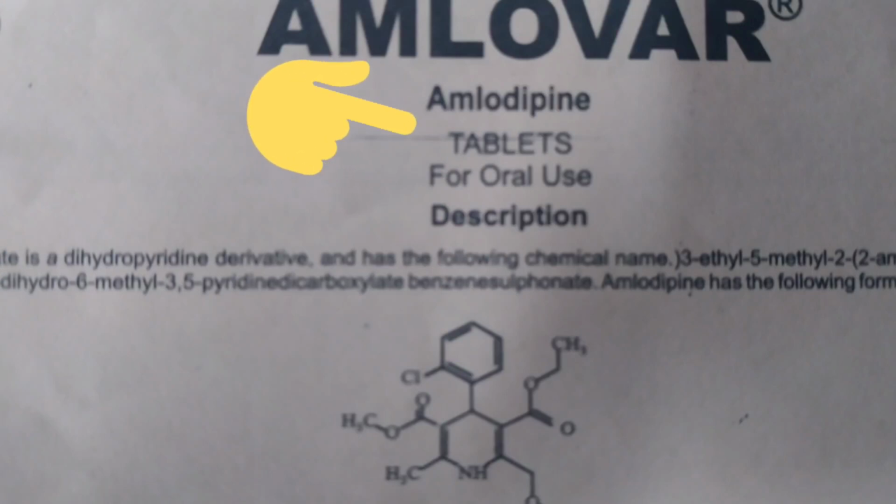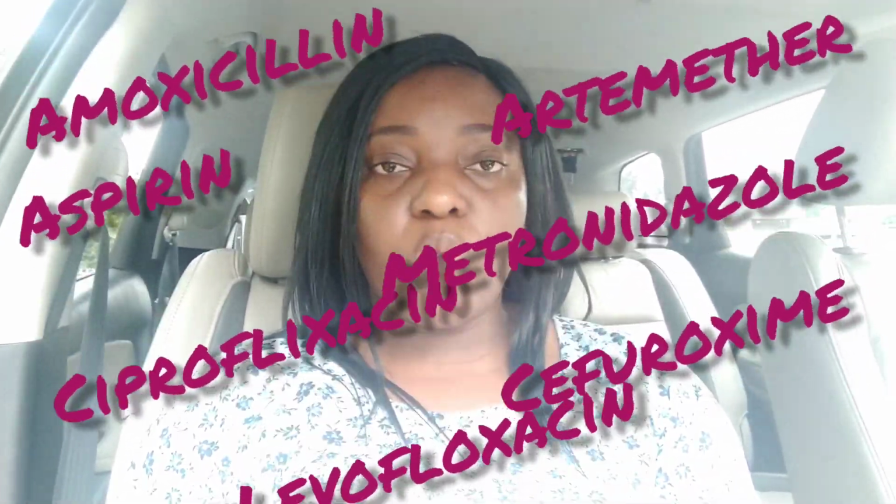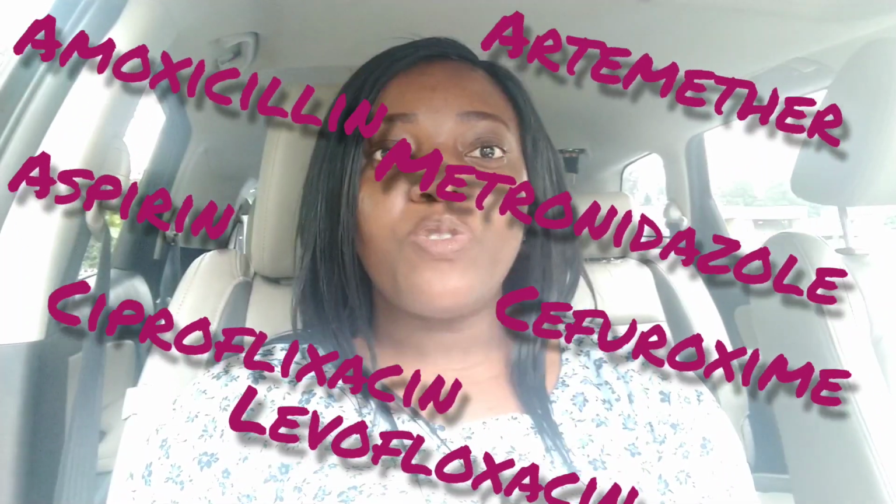Many times it is a chemical name, and I can see why a lot of people avoid trying to know the names of drugs, because some of these names can be big and a little bit difficult to call. But in one of my videos, I'm going to show you how you can familiarize yourself with the drugs you use regularly, their chemical names, and how this can help you when you go to buy your medications.